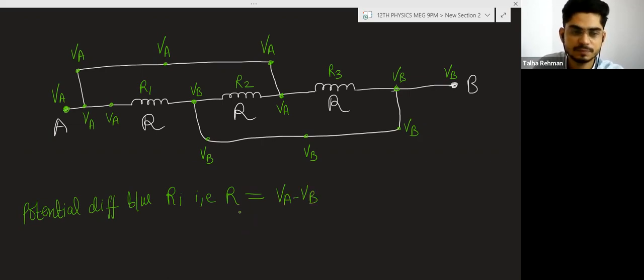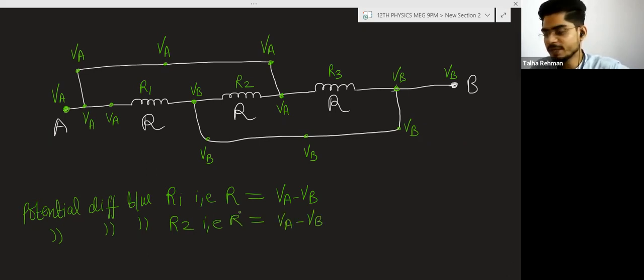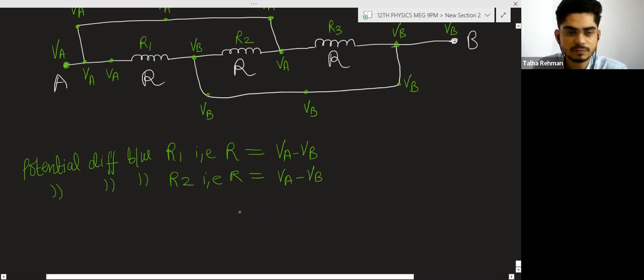Potential difference across R2, again R2 is R, is VB minus VA, and VB minus VA and VA minus VB is the same, I am just taking the difference. Potential difference across R3, again R3 is R, is again VA minus VB.